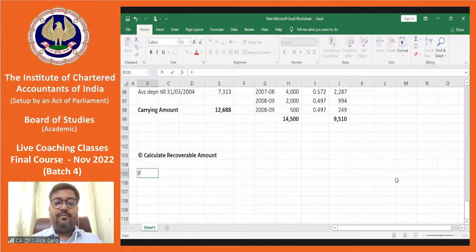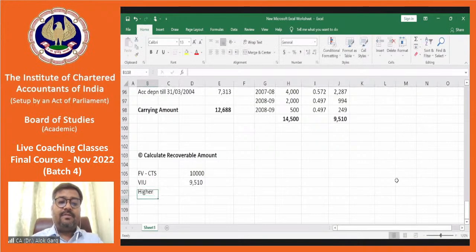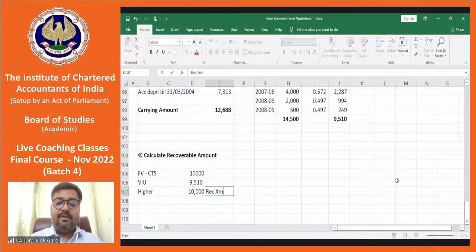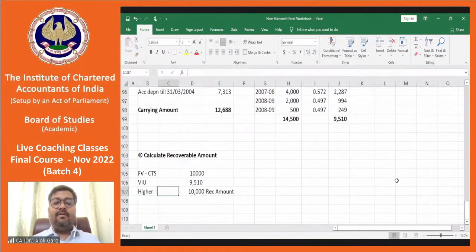First of all, you need to put fair value less cost to sell, which is 10,000. What is my VIU? It is calculated at 9,510. What is higher between these two items? 10,000 is higher, and 10,000 will be my recoverable amount.